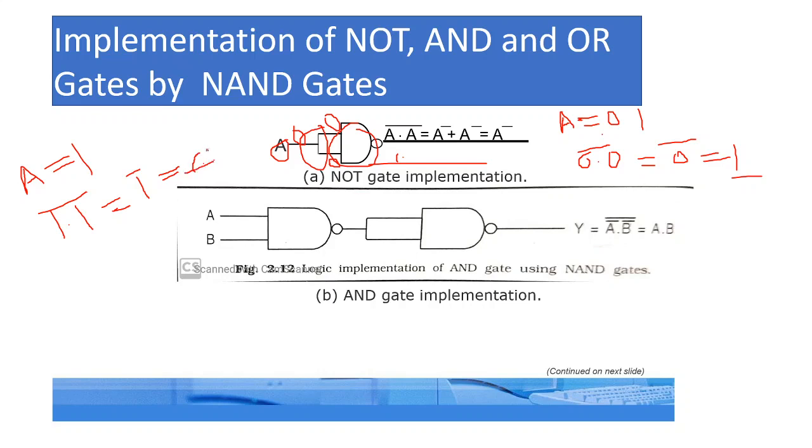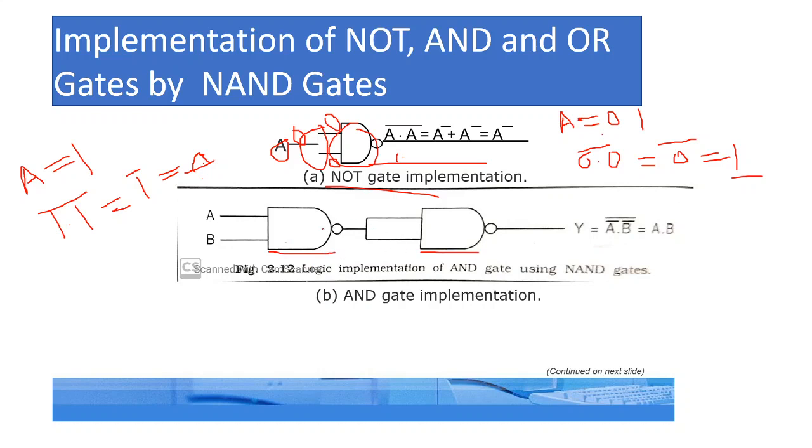So when we apply input A equal to 1, the output is 0, which means the input is complemented. So with the help of NAND gate we can create a NOT gate. Next is how to create an AND gate with the help of NAND gate. For the creation of an AND gate with NAND gates, we have used 2 NAND gates.